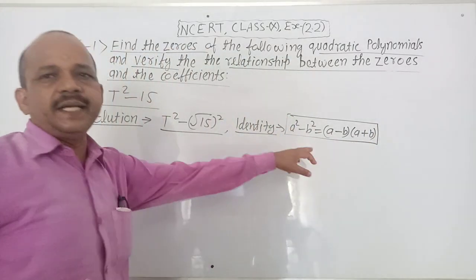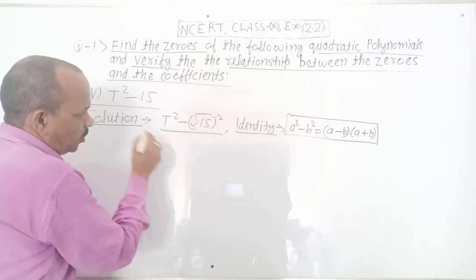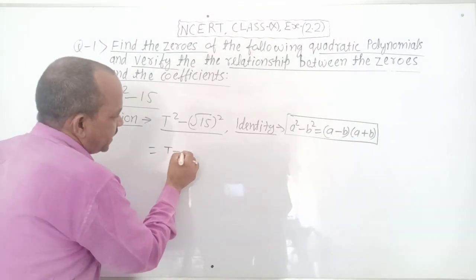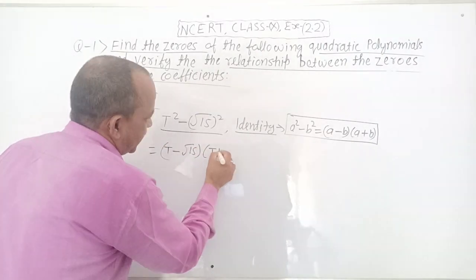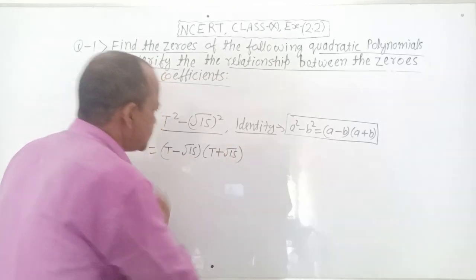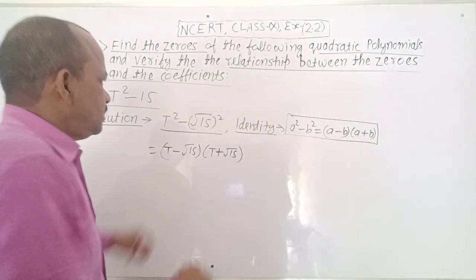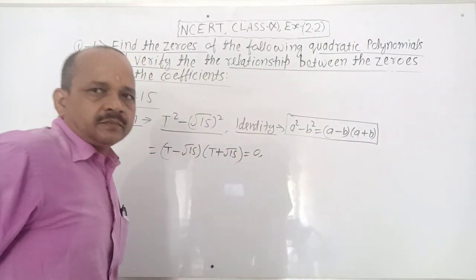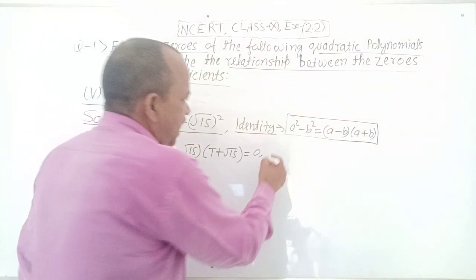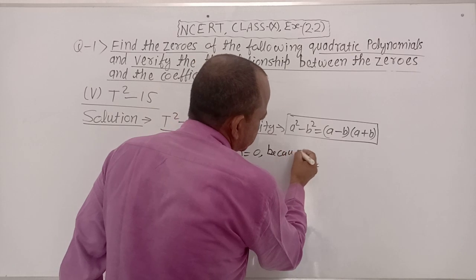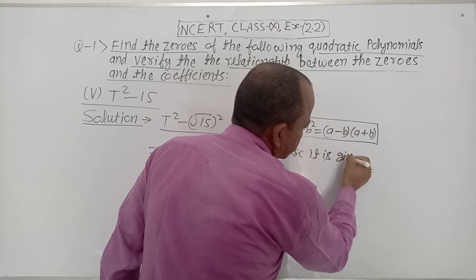It is a suitable identity for this. So you can write it as (t minus root 15) times (t plus root 15) equals 0. It is the given polynomial.